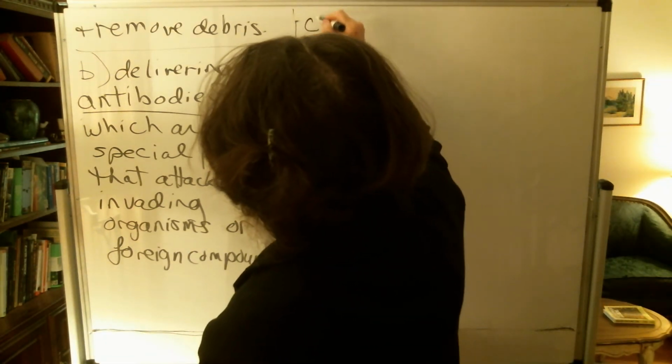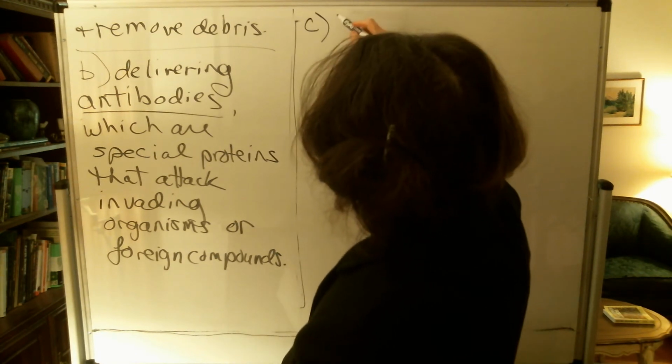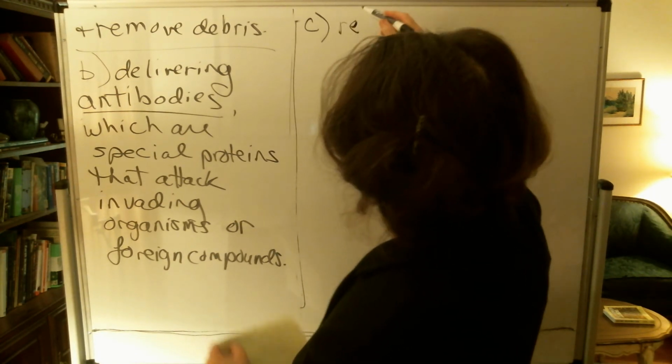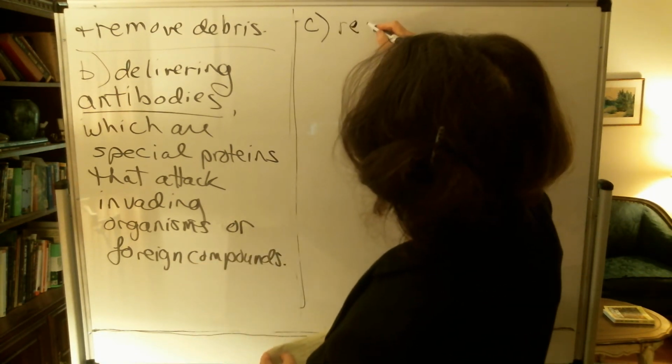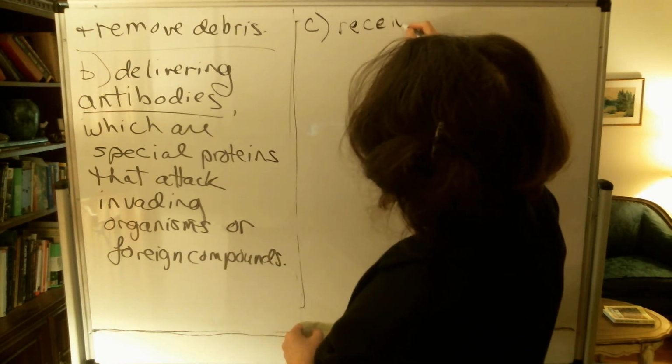So, see, we're still talking about body defense here. Another thing that the blood does then is that it defends the body by receiving toxins.